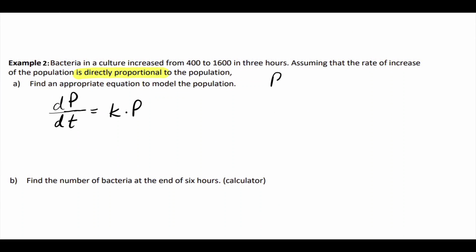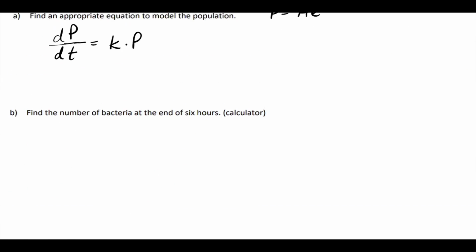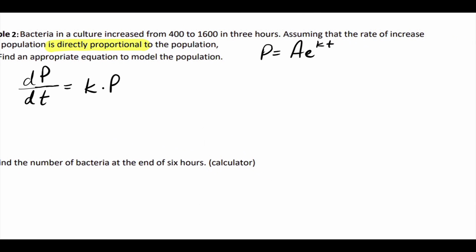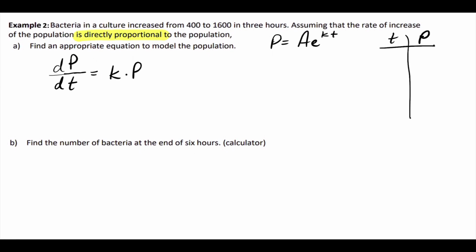Okay. So I have P equals A e to the kt power. So what I know is they've given me a couple things to start out with. They said, hey, the bacteria in the culture increased from 400 to 1600 after 3 hours.